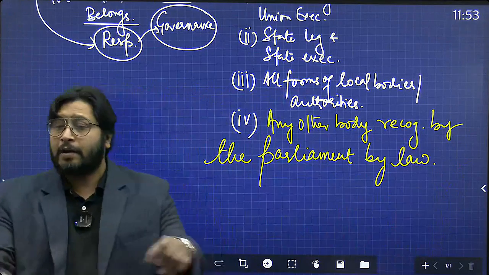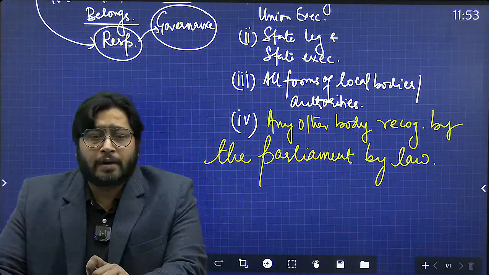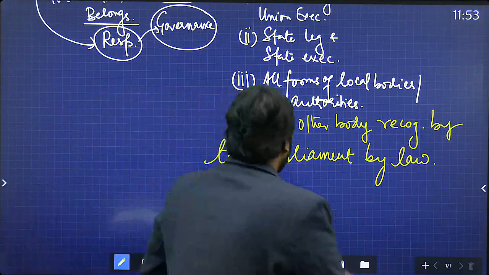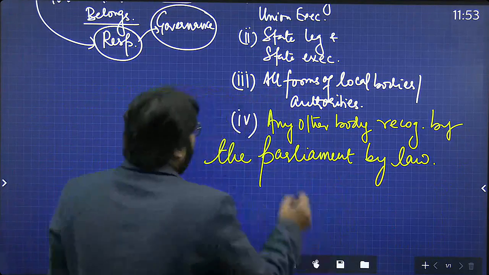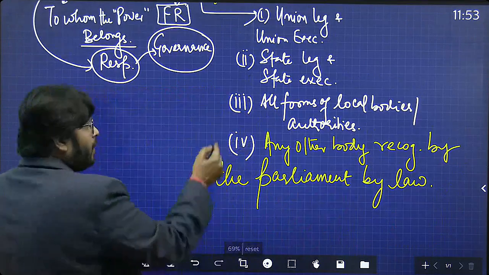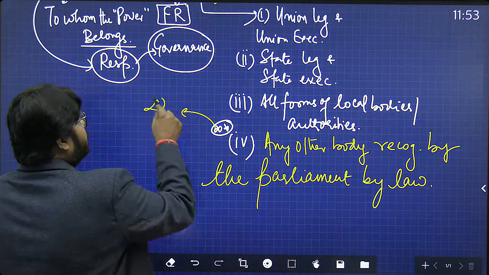So any other type of body which may be recognized by the parliament by law will also be part of the state, right? Now these three aspects are quite clear, but this is the discretionary aspect.